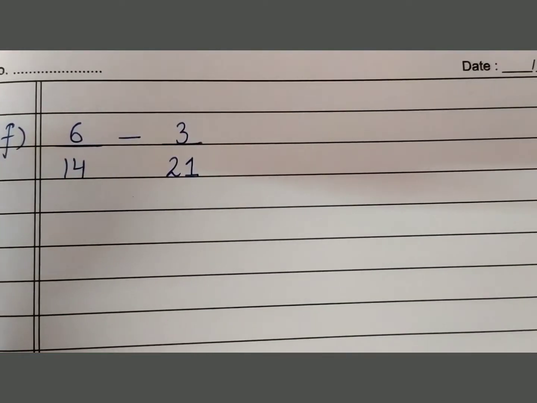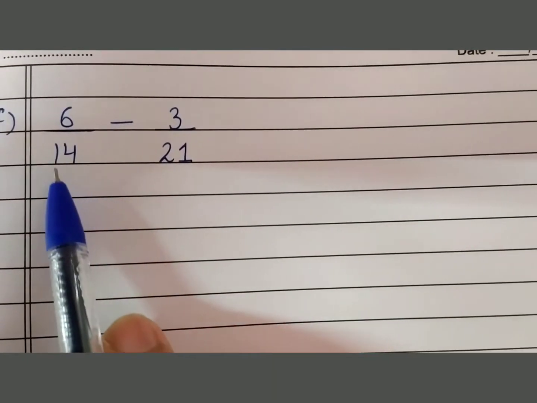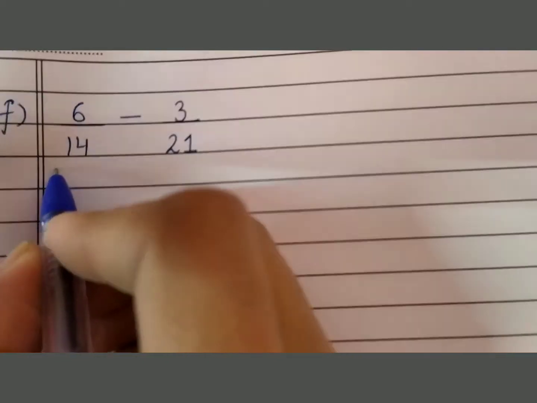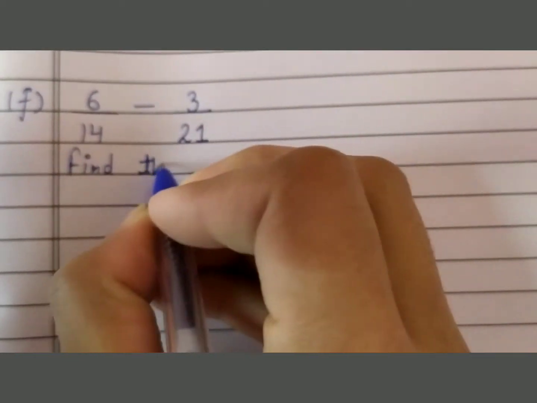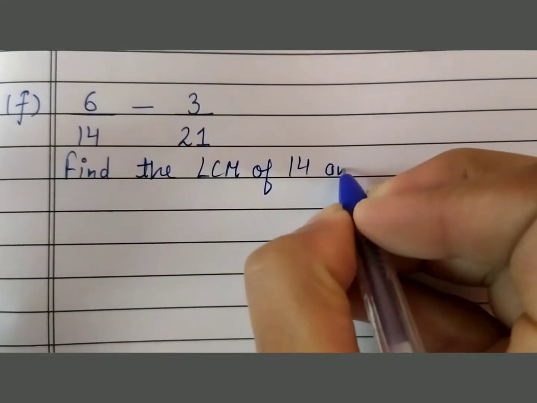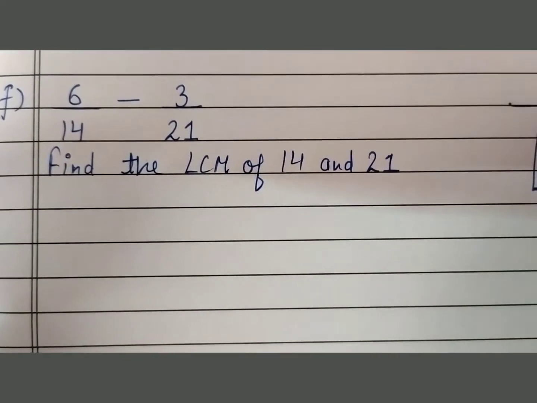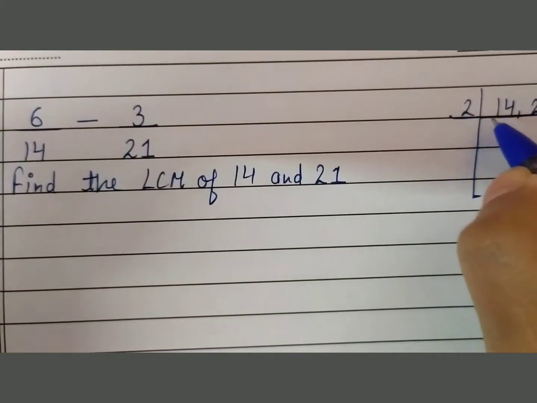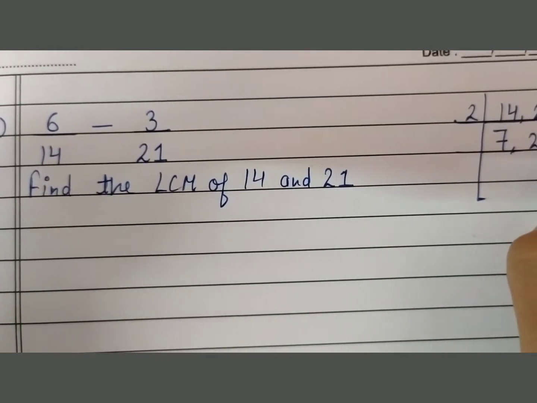Next question is 6 upon 14 subtract 3 upon 21. Firstly, children, in this fraction the denominators are not the same. Find out the LCM of 14 and 21. 2 sevens are 14, 21 as it is because it is not divisible by 2.